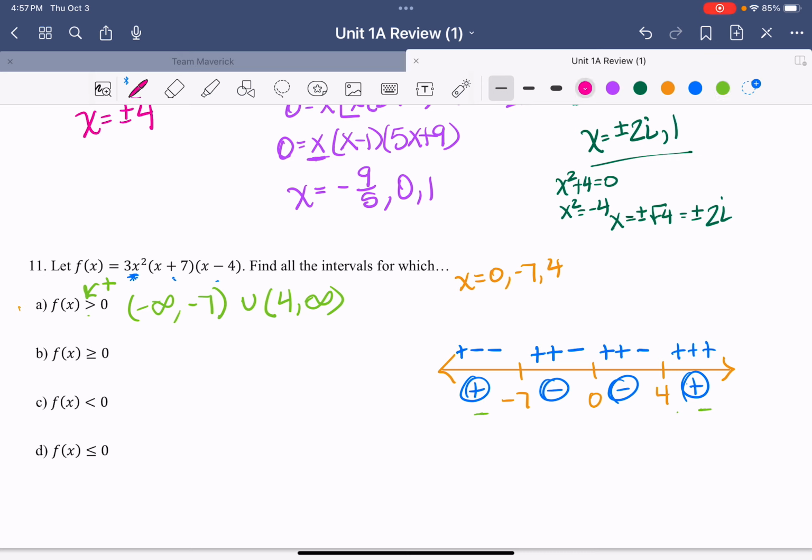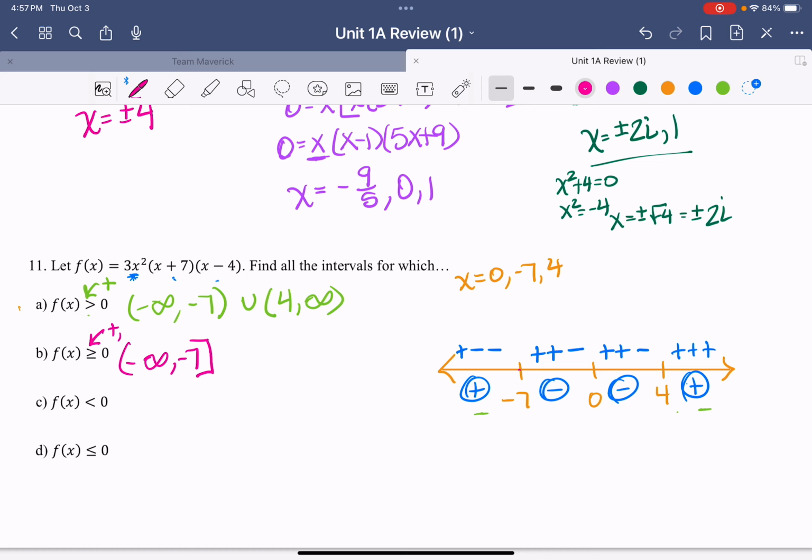All right, now I want when f of x is greater than or equal to 0, so that's when it's positive and 0. It is positive from negative infinity to negative 7. I never include my infinities, but at negative 7 it is 0, so I do include that. Then this is where notation gets a little weird, which I don't know that I really talked about in class.